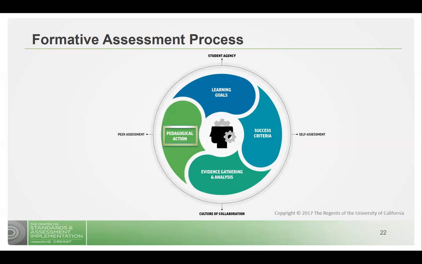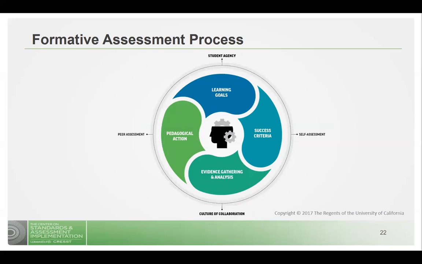Both in the moment and immediately following the lesson, teachers respond to the evidence of student learning and progress. And of course, once learning goals are met, move on to new learning goals. Throughout the process, engage students as partners by integrating peer and self-assessment as a key component with the ultimate goal of promoting student agency and within a culture of collaboration.